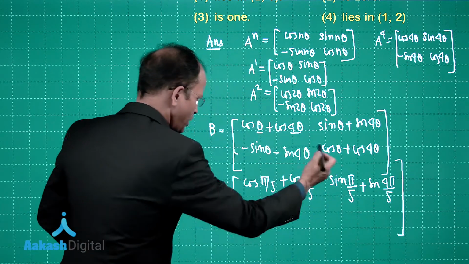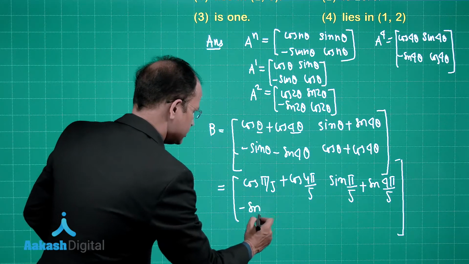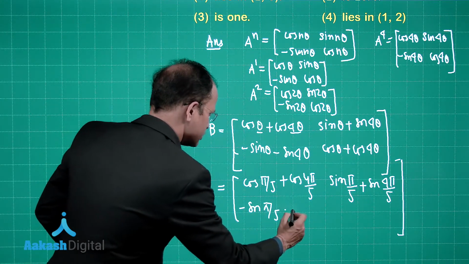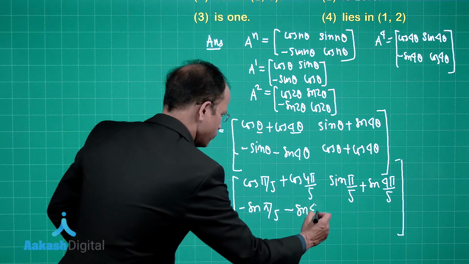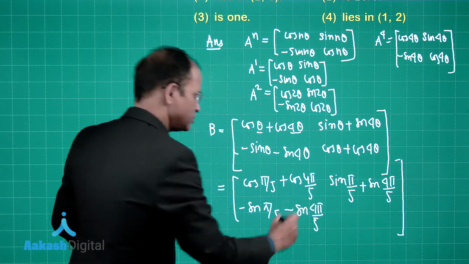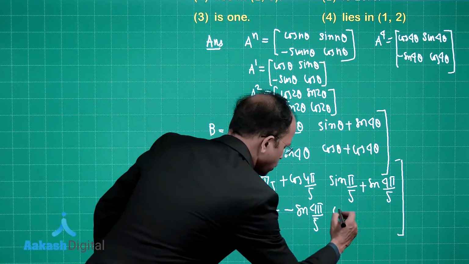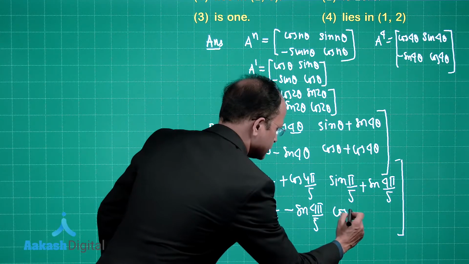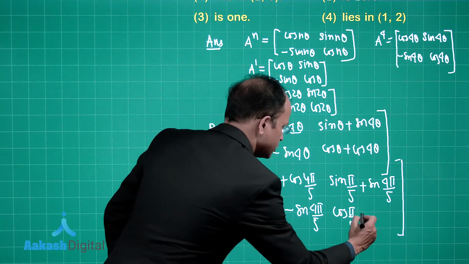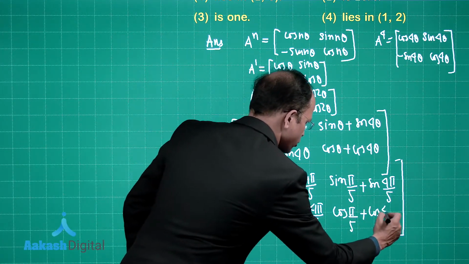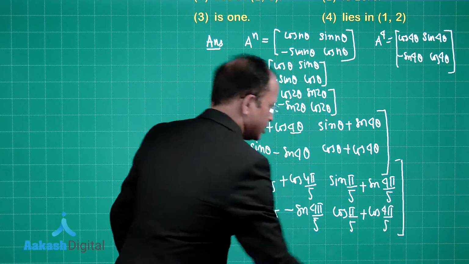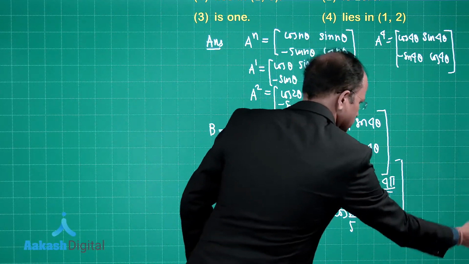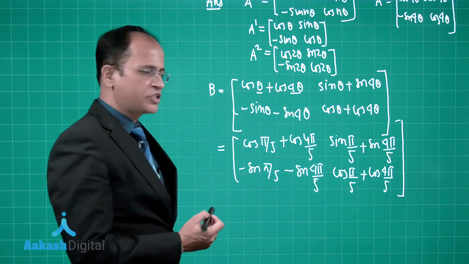And the second row elements are minus sin pi by 5, minus sin 4 pi by 5. So what we can do, we can just write cos pi by 5 plus cos 4 pi by 5 we have. So friends, it's more about trigonometry we have.